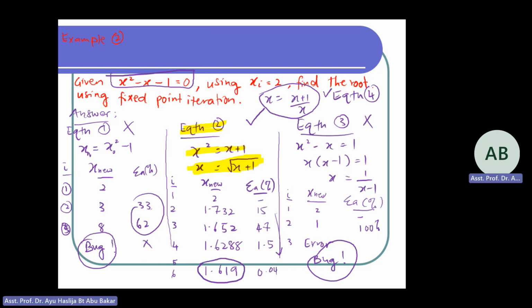The true error, you must find using calculator. What is the x value? That one, the true value using calculator, not using the initial value.